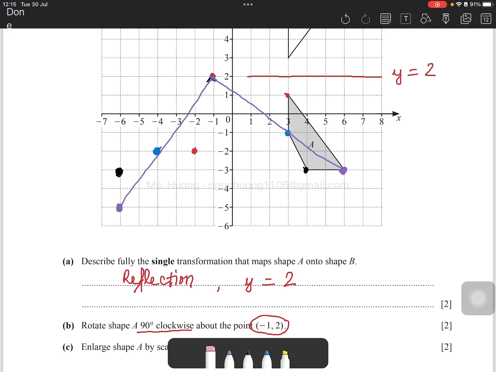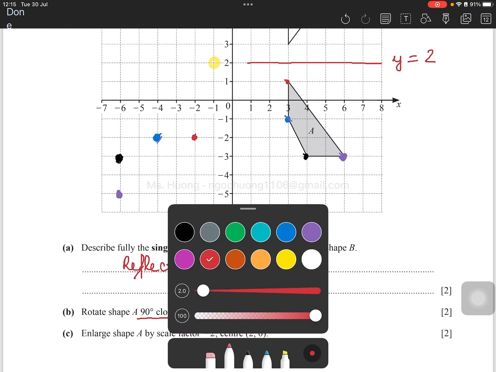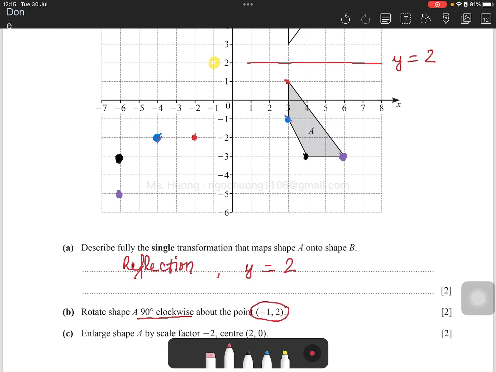And I also remove the purple lines. I will join these points together to form the image of the shape A after the rotation in question B. This one is question B.